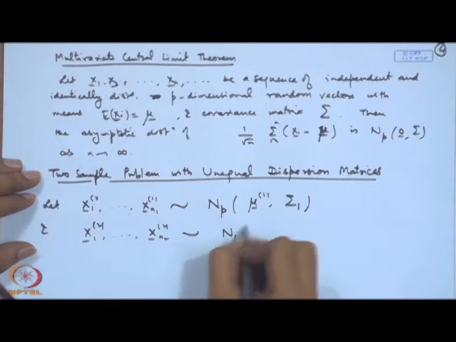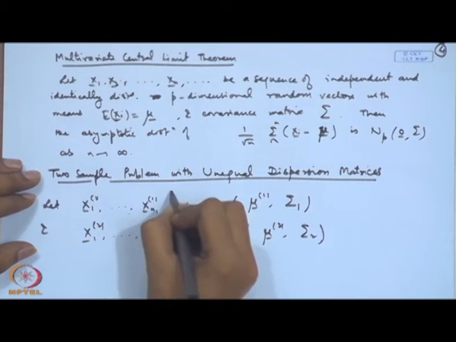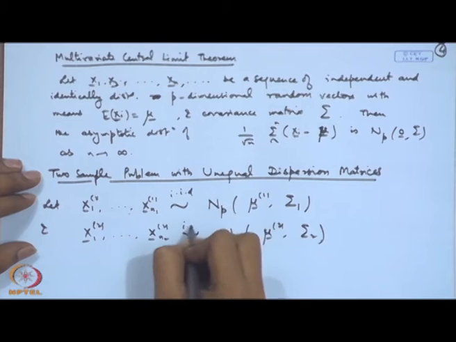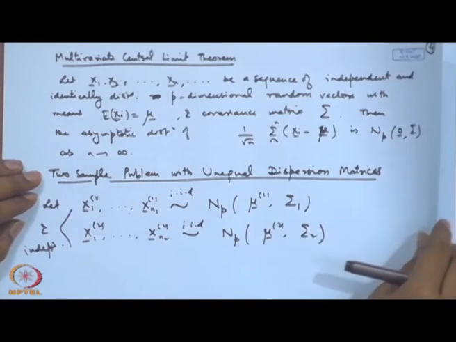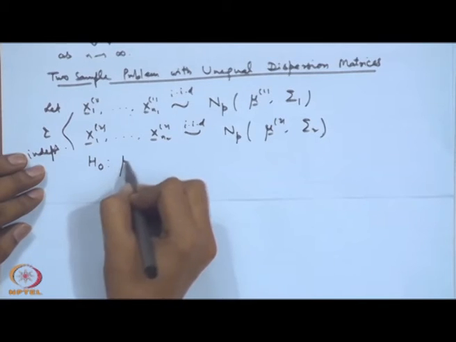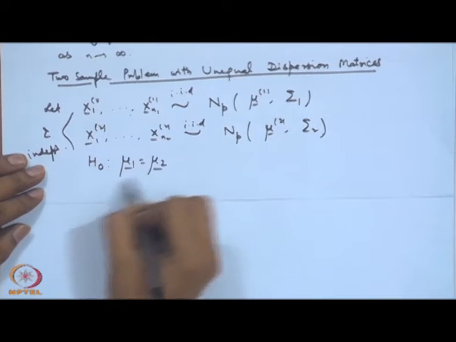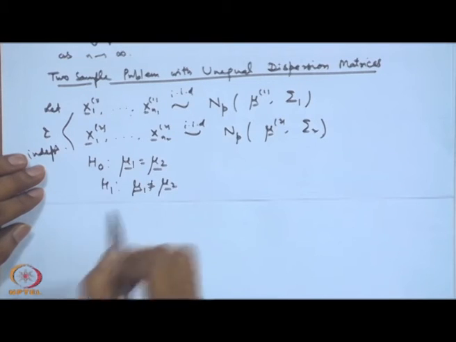This is a random sample from N_p(mu_2, Sigma_2). So, we have two independent random samples, and these two samples are also considered to be independent here. We are considering the test of hypothesis mu_1 is equal to mu_2 against mu_1 is not equal to mu_2.